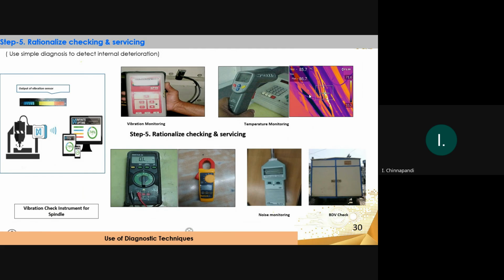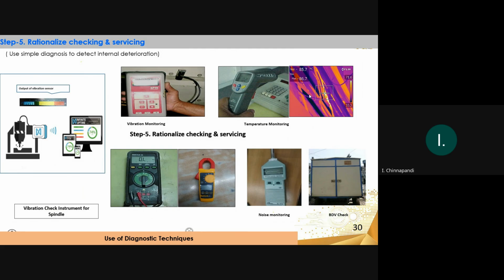The vibration check instruments for the spindle. Most equipment runs with a spindle. In the automobile industry, 99% of the machines are equipped with a spindle. A spindle is where the component is clamped and the tool machines it to get the desired output. In every spindle, we put a sensor. This sensor gives a signal, and we can take it on our mobile or laptop.